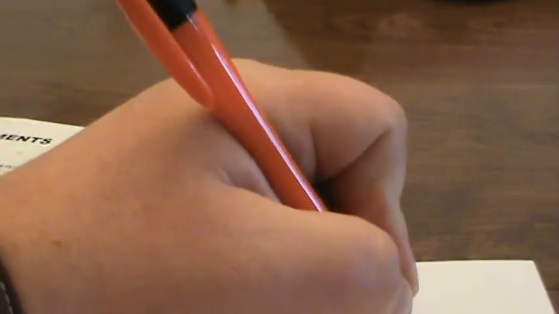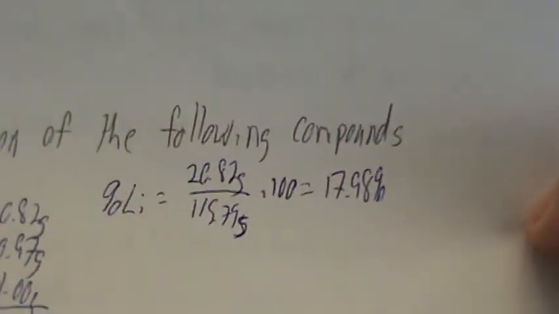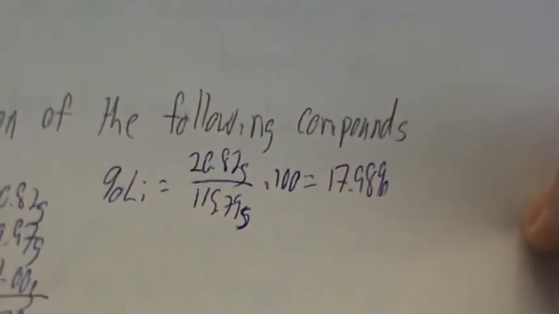Since it is percent, we've got to multiply by 100. So 20.82 divided by 115.79, multiplied by 100, and I'm coming up with a percent of 17.98%.